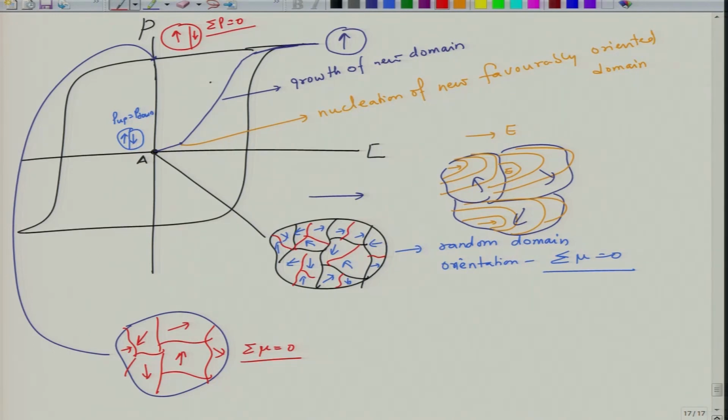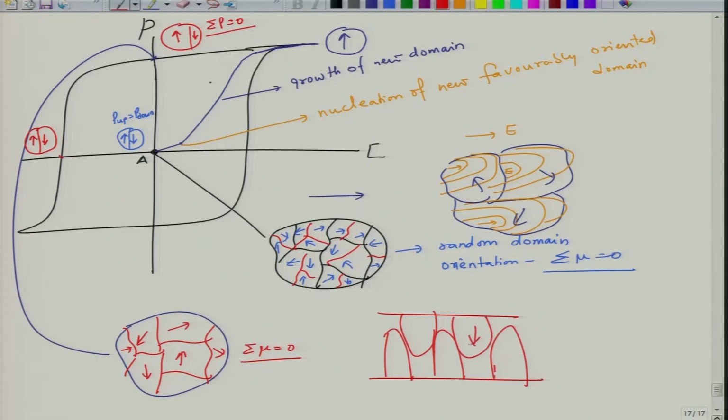Now, to bring all the domains back to 0, back to this orientation, you need to apply a field which is called the coercive field. At this point, if you now look at the bigger picture, the number of domains which are oriented in this direction and the number of domains which are oriented in this direction, this is the sort of state you want to achieve when sigma mu is equal to 0.